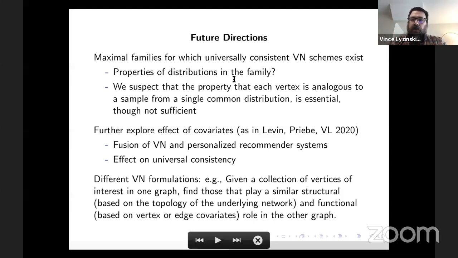We have a very recent paper where we explore from an information theoretic perspective when it's better to use both covariates and edges versus just one or the other, because it's not always the case that using the network is going to add anything, or using features is going to add anything, especially if those features are not what's delineating interesting or not. And we're working also on different formulations of this.